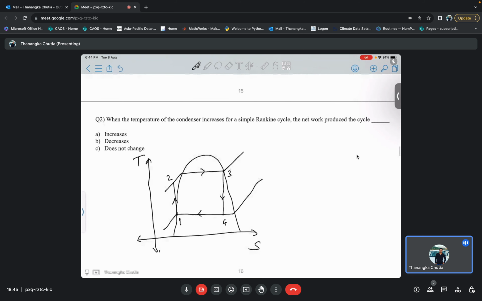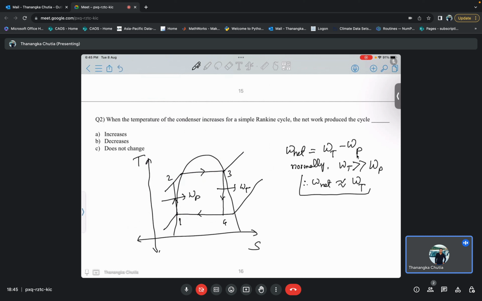Now my W net is basically WT minus WP. Normally what happens, WT is far greater than WP, so W net is approximately equal to WT.